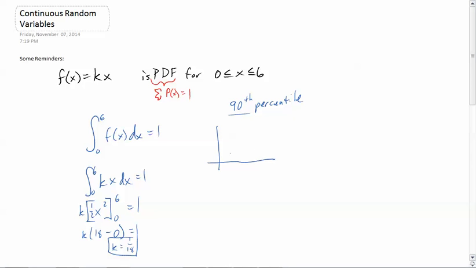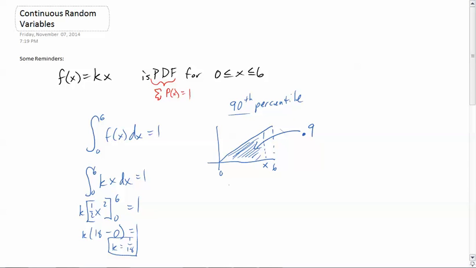If I've got a graph here, and here's my function going from 0 up to 6, at some point you've got 90% of your data, right? Remember, the whole triangle is 100% of your data, and somewhere here we get 90%. All right, so if everything adds up to 1, then 90% would be 0.9. So this area right here needs to be 0.9.